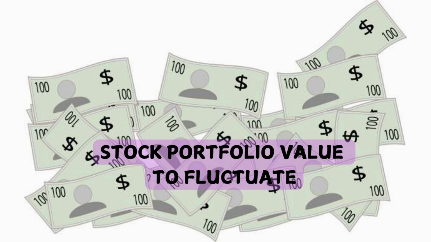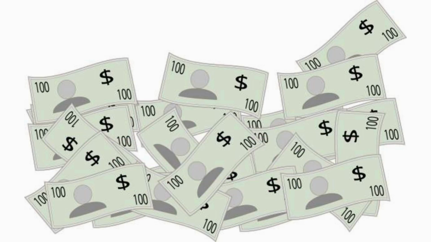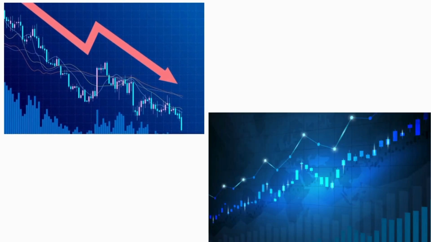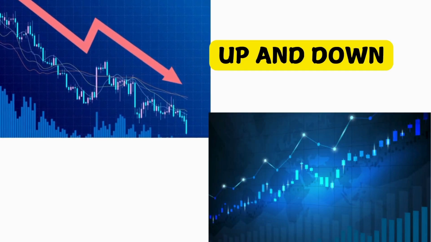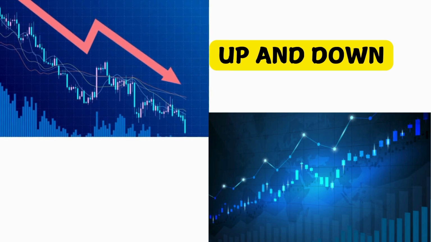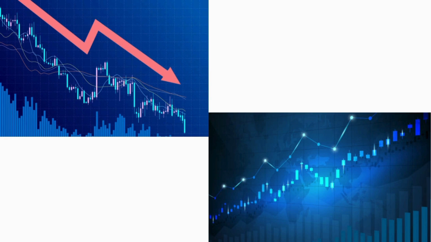Now there are a lot of different reasons why these foreign investors buy and sell stocks on a very large scale on the stock markets of developing countries, which causes the stock market of developing countries to go up and down. As I have already told you, political instability, corruption, increase in tax, and a less favorable atmosphere for foreign investors to invest cause these foreign investors to sell their stocks from the stock markets of developing countries.